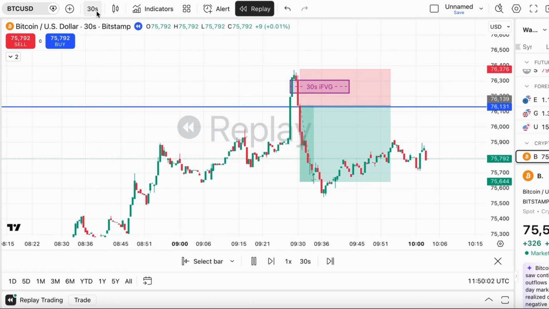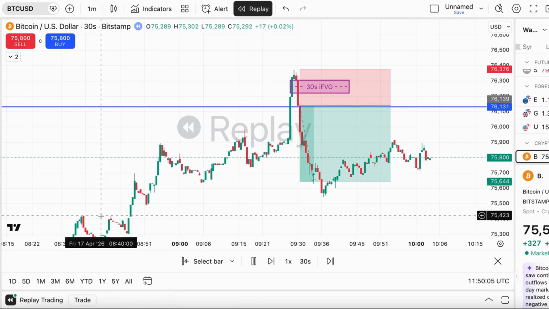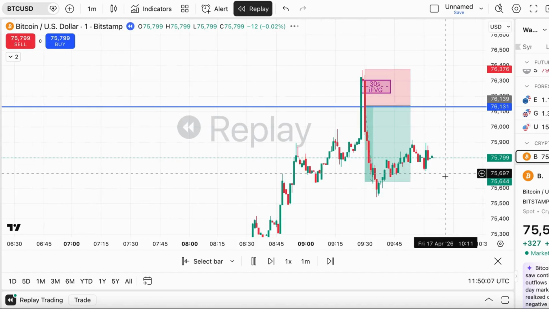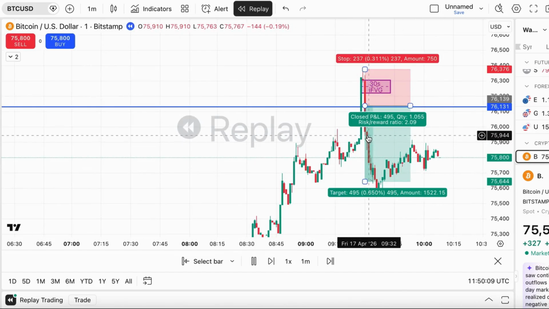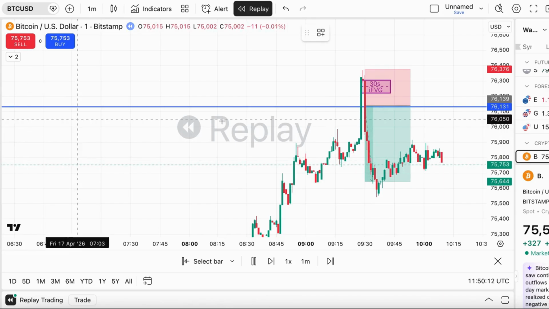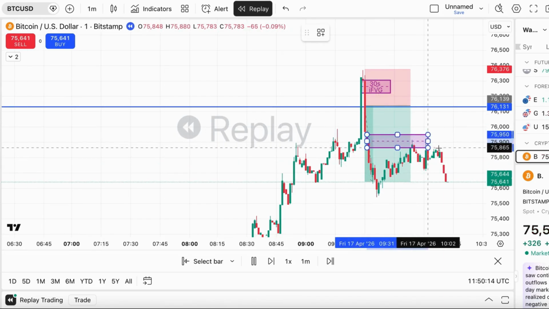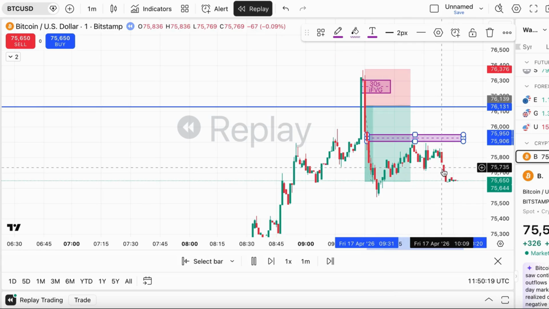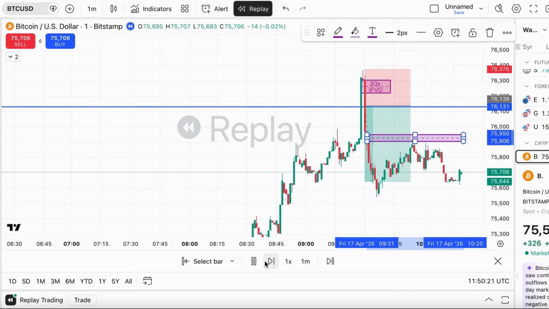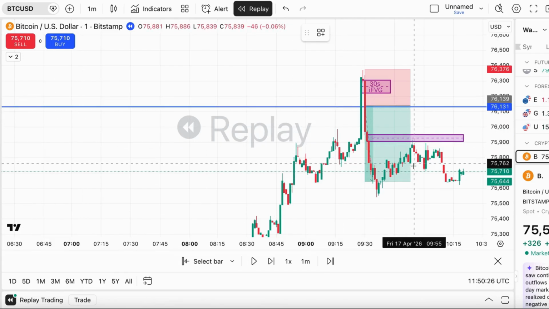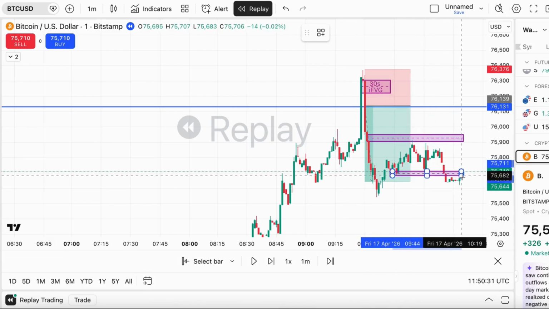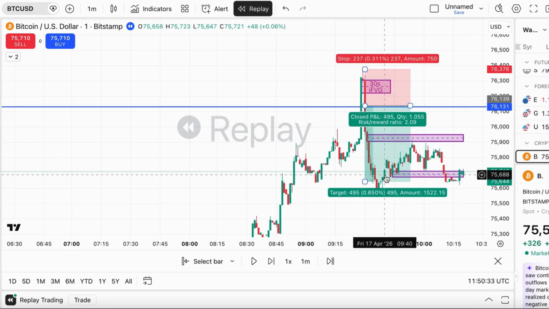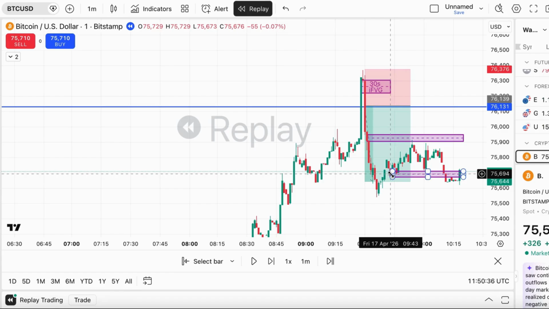So let's go to the 1 minute here. You can see price letting this thing run. And we have some FVGs here on the 1 minute. So it came up, tested this 1 minute. Let's actually pause here. And then it also formed FVGs while going up. This one right here, a bullish FVG.